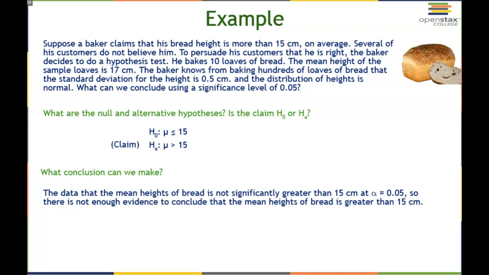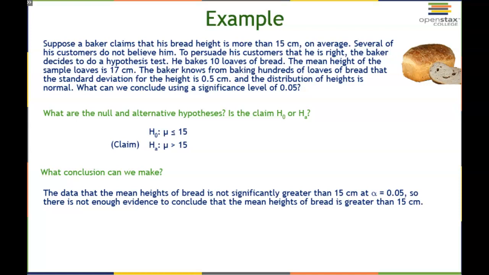The second part of our conclusion has to do with our claim. Now, our claim in this case was HA. And because H0 was not rejected, meaning H0 is good, that means HA is bad. And therefore, we do not have enough evidence to support our claim. Now, nowhere in there did I say the baker was lying or that he wasn't truthful or that he was wrong.